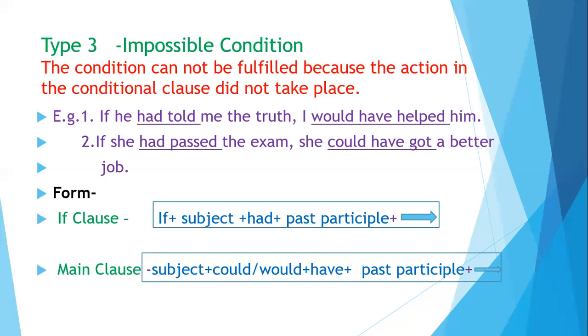Let's look at the main clause. Main clause begins with the subject as usual. Then you have could or would. Then comes have, and once again you will have to use a past participle. I hope it's clear to you.